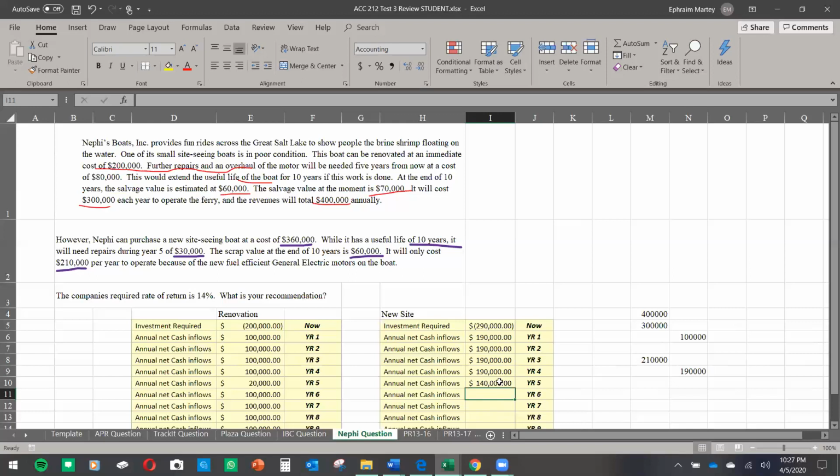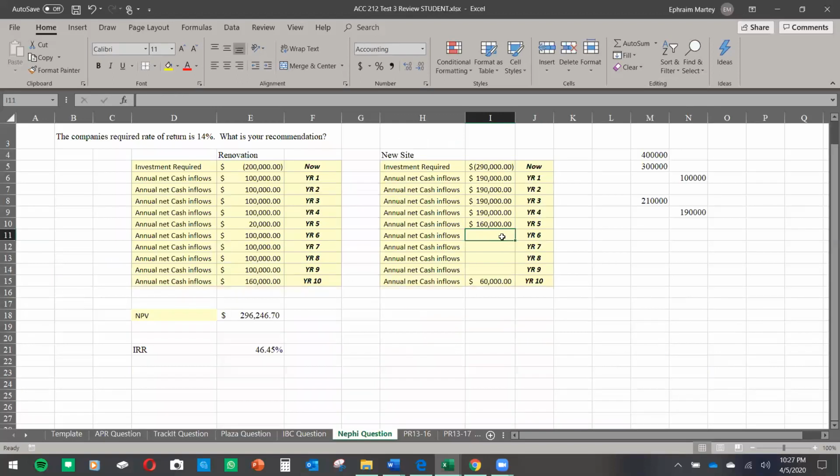Actually, in the fifth year, we will spend 30,000 to renovate. I used the 50,000 over there, so sorry, it's 30,000 in the fifth year. That was a typo. So 160,000 here, and we don't do anything in the sixth year, so we're going to have the same 190,000. We drag it all the way here, but we have 60,000 already here, so we add it up.